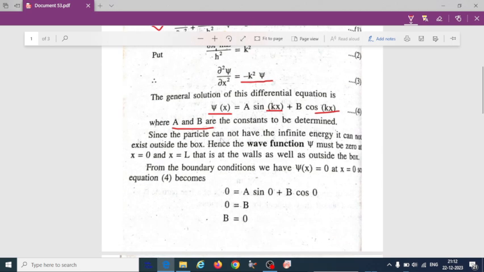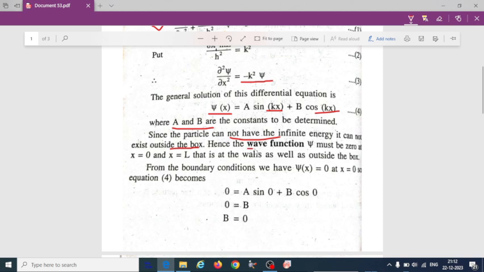Since the particle cannot have infinite energy, it cannot exist outside the box. The condition we can see here: the particle will exist within the potential well box, but if it is outside, then we can say it cannot have infinite energy.